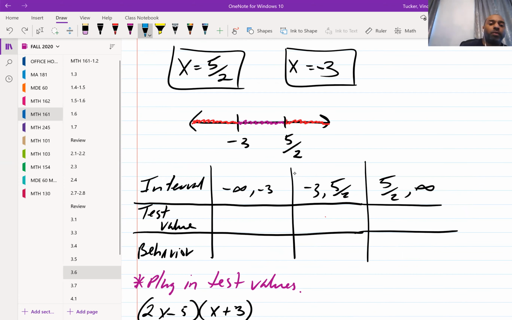So notice over here we have your intervals, test value, and then the behavior of the graph. And then we're going to fill out the chart accordingly. Up here, I've already set up the intervals we just finished mentioning: negative infinity to -3, -3 to 5/2, and 5/2 to positive infinity.